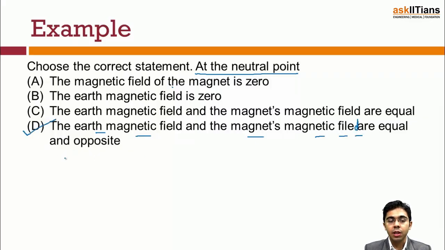If these are equal and opposite, they will cancel each other, and only then will we have those points where the resultant magnetic field comes out to be 0, and we call those points neutral points.